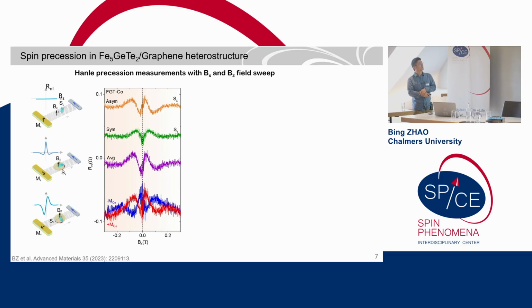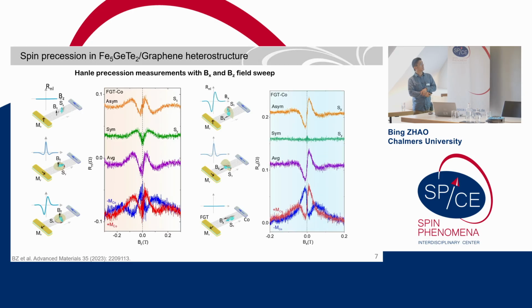So here, we see the curve like this. Basically, in this FGT, we see the X direction spin polarization and the Y direction spin polarization. We can also use BX, then detect SY, correspondingly MY, and also Z. Here we see very clear Z spin polarization, but the Y spin polarization is very minimal. We see SY clearly here, but here we do not see anything.